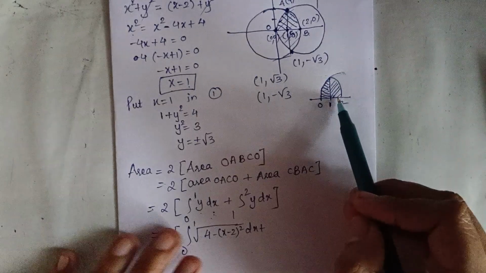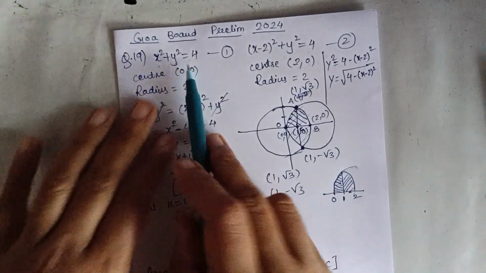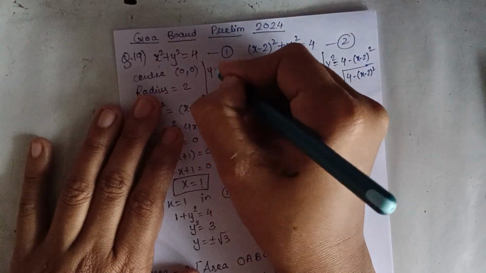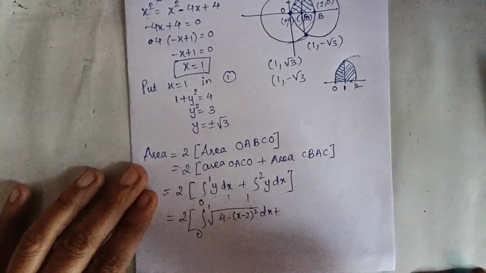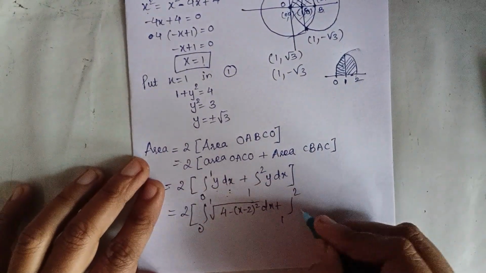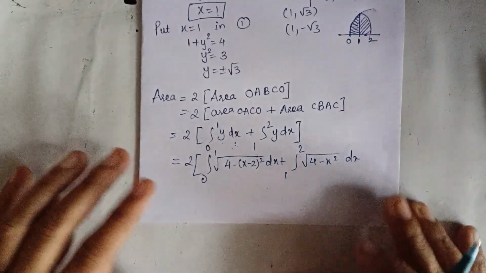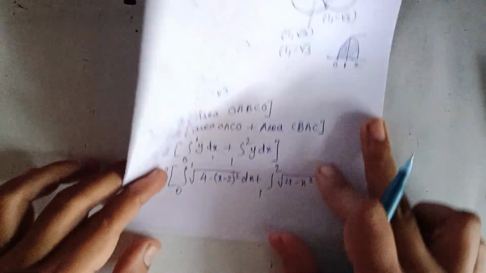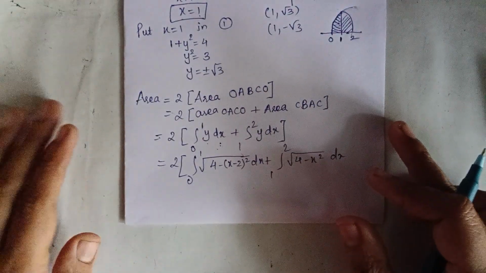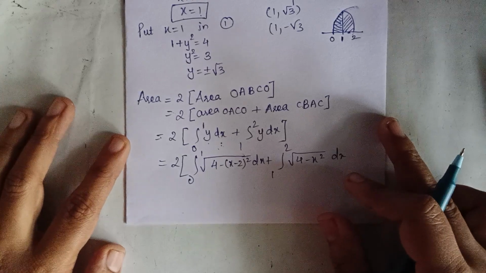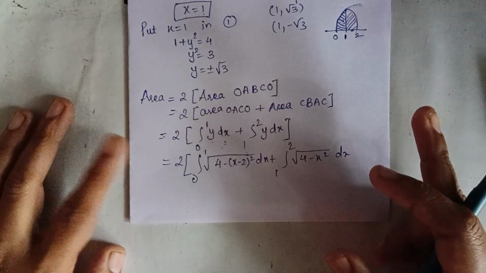This second is the first circle's region. So this is root of 4 minus x square. Okay, now you have to use the formula, that is the integration formula, a square minus x square.